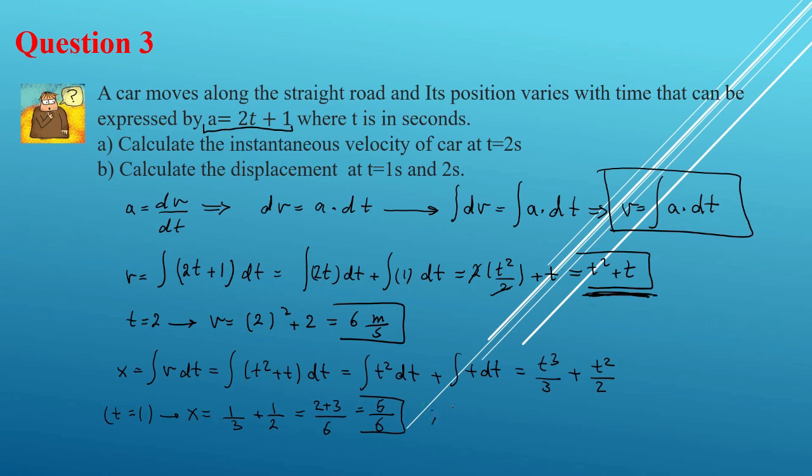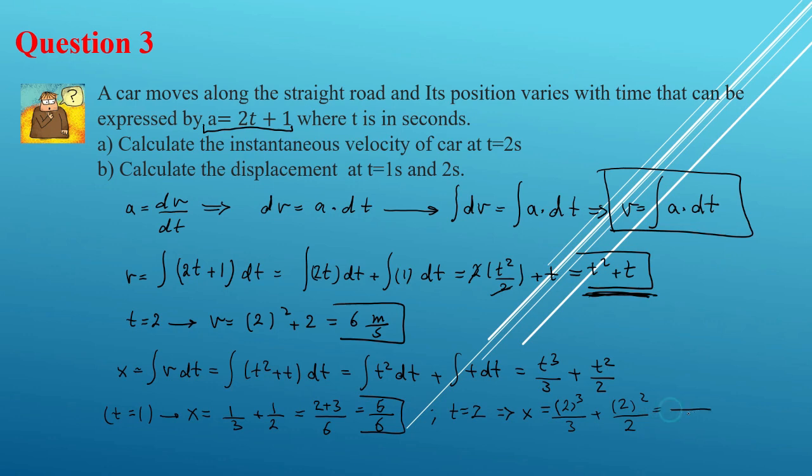And for t equal to 2 seconds, my x is going to be 2 to the third over 3, and then 2 squared over 2, right?